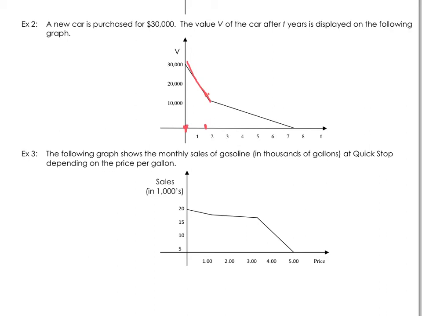But once you hit a year and a half, up until about 7.5 years, the value is decreasing slowly. I would say it's decreasing slowly here, and decreasing steeply here. That's one way to describe it.